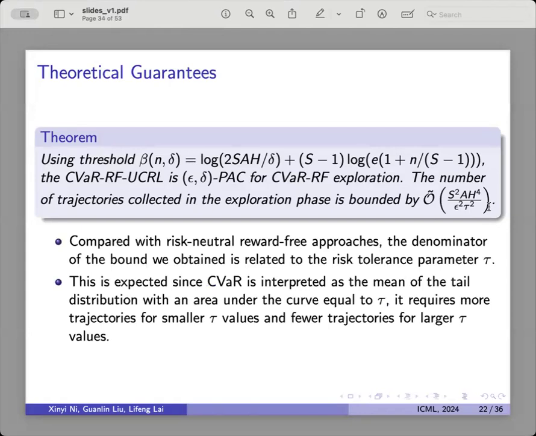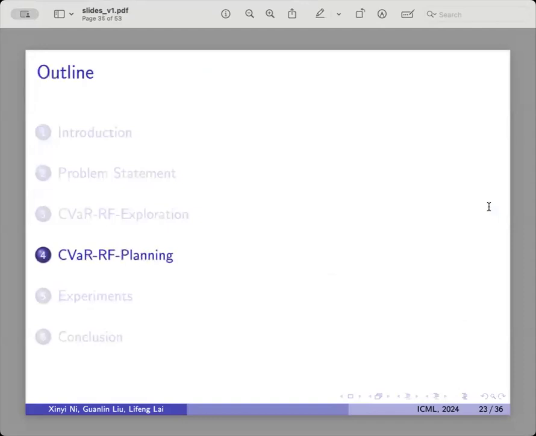And compared with risk-neutral reward-free approaches, the denominator of the bound we obtain is related to the risk tolerance parameter tau. This is expected since CVaR is interpreted as the mean of the tail distribution with an area on the curve equal to tau, and it will require more trajectories for smaller tau values and fewer trajectories for larger tau values.